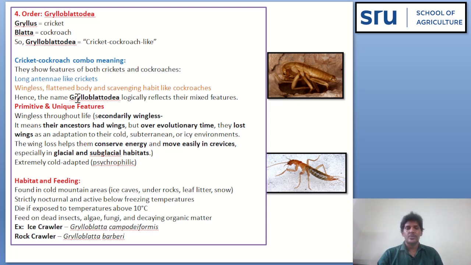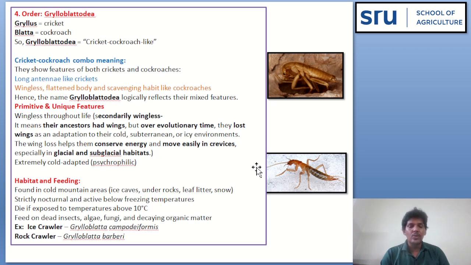For example, long antennae, which is a character of crickets, and winglessness, a flattened body, and scavenging habit like cockroach features. Hence the name Grylloblattodea logically reflects their mixed features. Examples are the ice crawlers and rock crawlers.